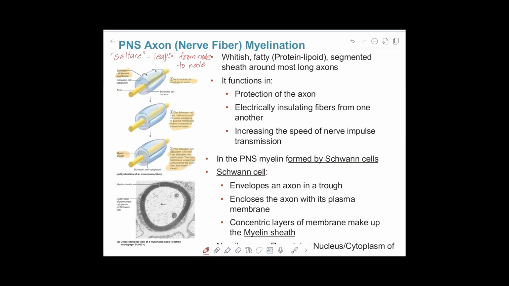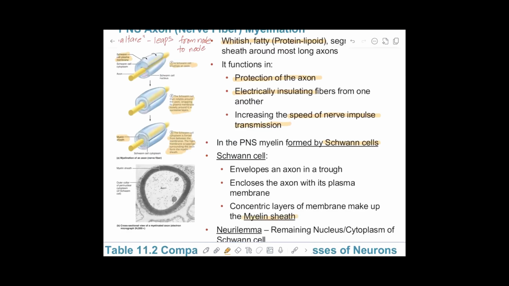Myelin is a whitish, fatty protein-lipid structure. Whenever you see white matter in the nervous system, it's because of myelin. It protects the axon, electrically insulates it, and increases the speed of nerve impulse transmission. In the peripheral nervous system, it's formed by these Schwann cells forming the myelin sheath.